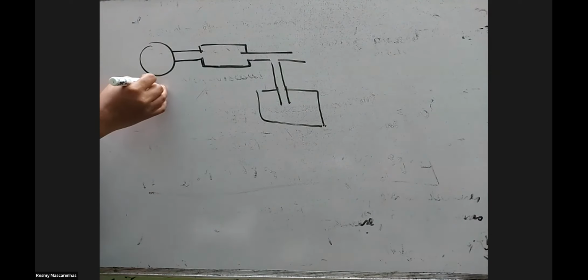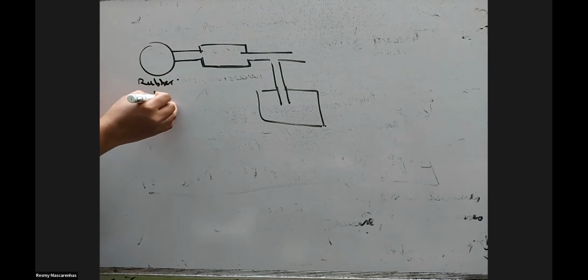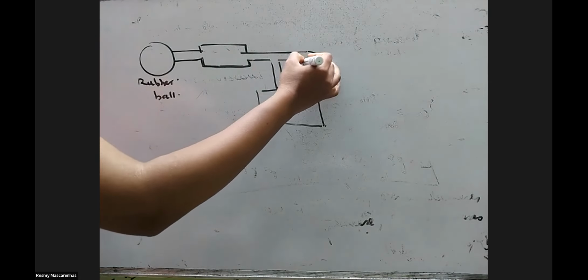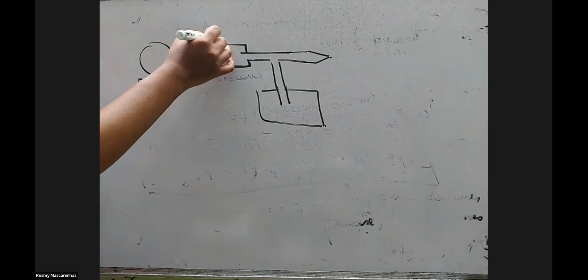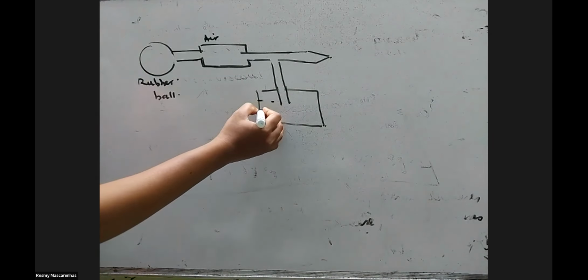Okay, so this is the rubber ball, and this may be the nozzle. Now what happens is, before the rubber ball is pressed, nothing. Everywhere the pressure is constant. There is air in this, there is some liquid in this.